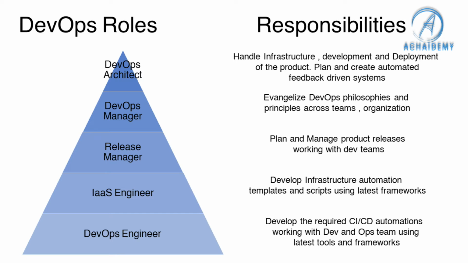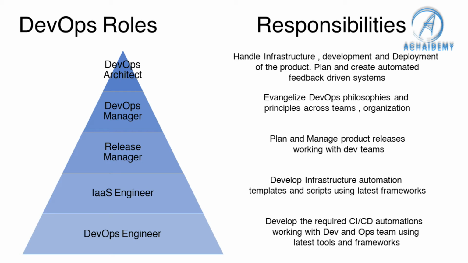An architect is somebody who generally, either a DevOps engineer or an infrastructure engineer will move on to the architect role, where you'll be an expert in setting up the whole DevOps setup, the infrastructure for the DevOps, and planning the overall architecture of the DevOps based on the tech stack, the application type.